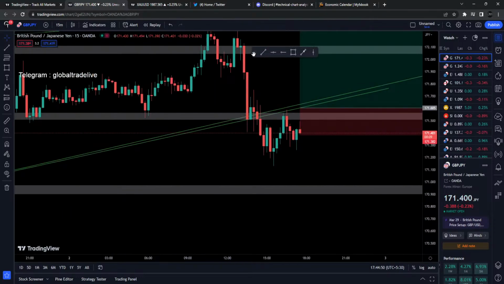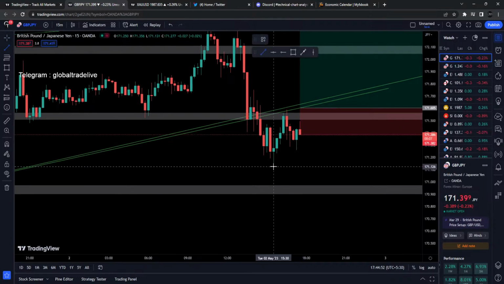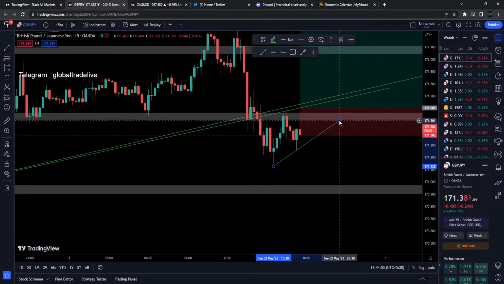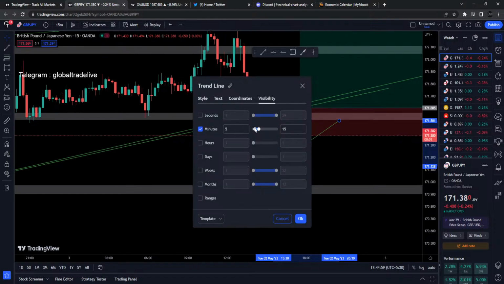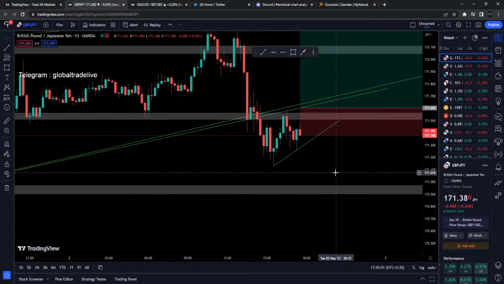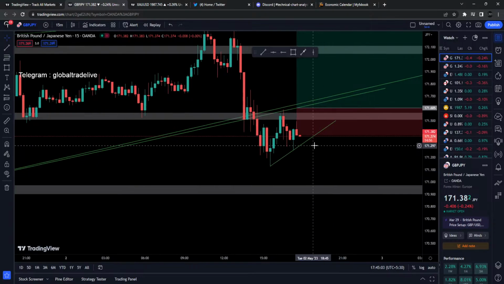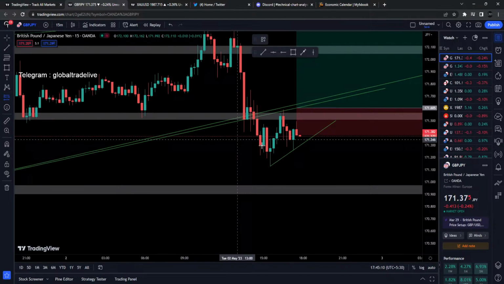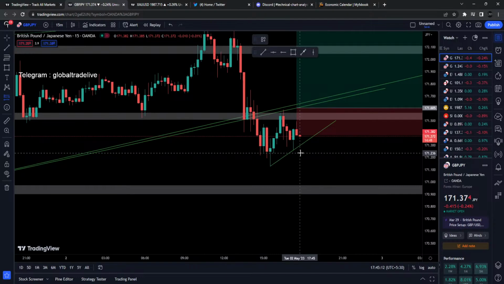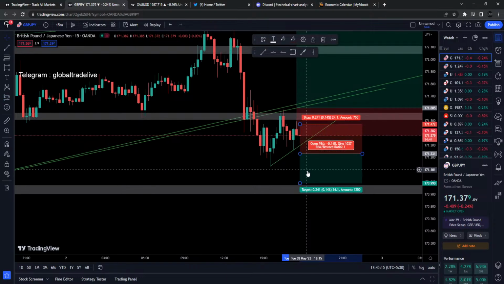Also, if we look at the 15-minute time frame, there is a channel going on over here. So what I can try over here is taking a sell.